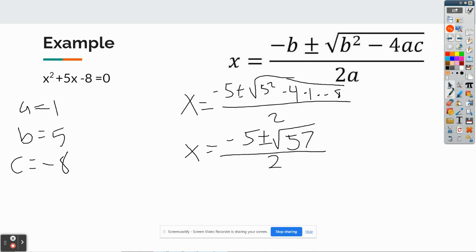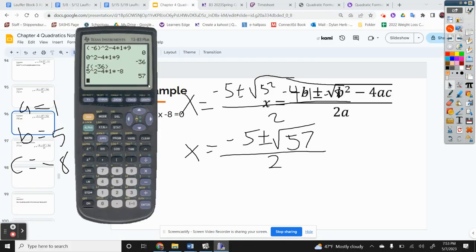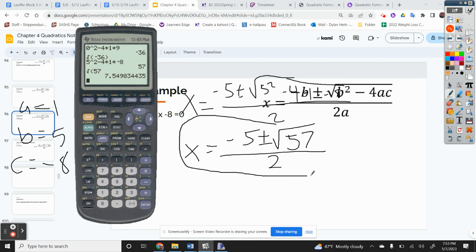All right, and then your next step would be to simplify the square root of 57. That doesn't necessarily work out well because the square root of 57 is a decimal. It's 7.55. All right, so for now, this answer is good enough, because you can't simplify it any further. So this does show that there's two solutions because you have a plus or minus in here, so you have two of them.